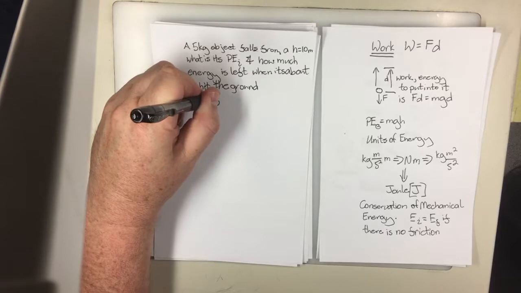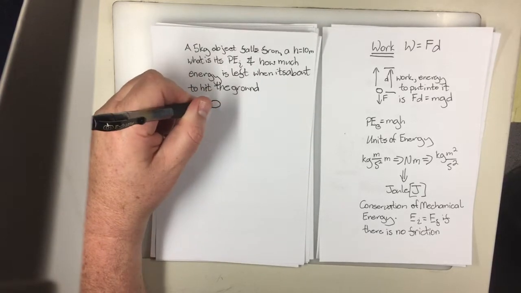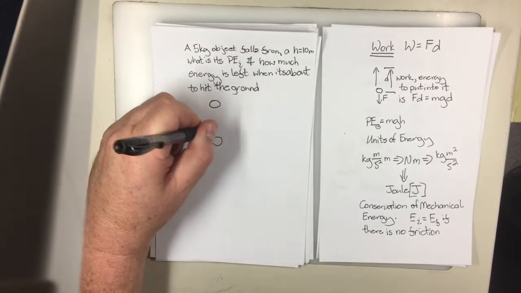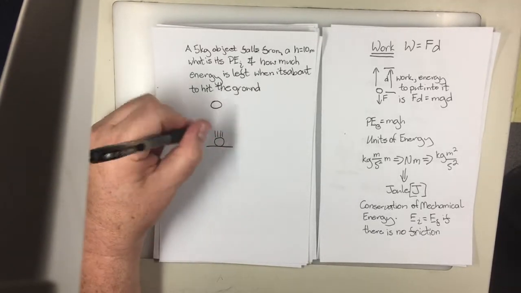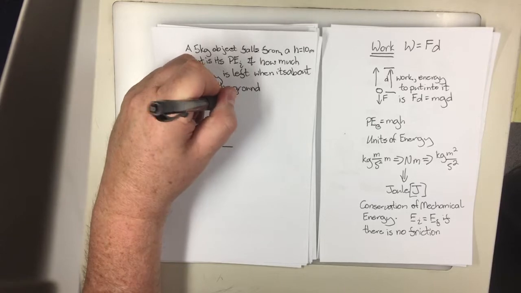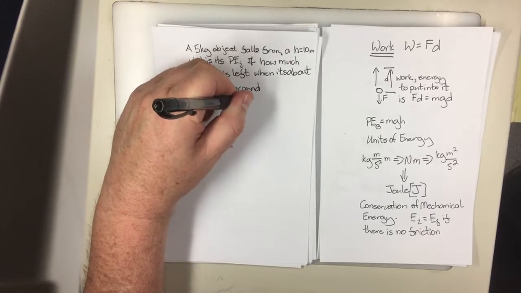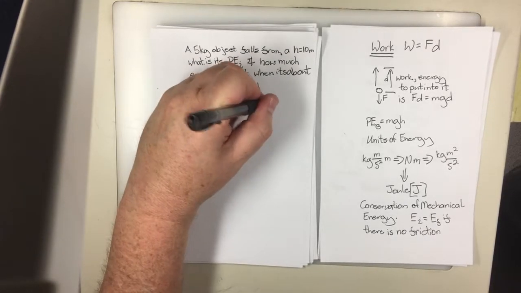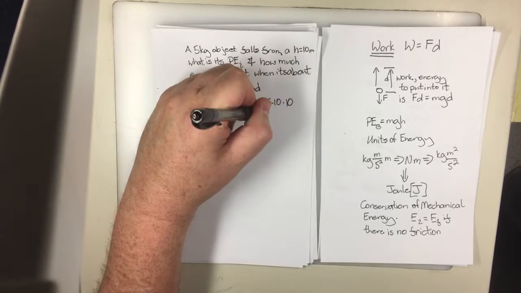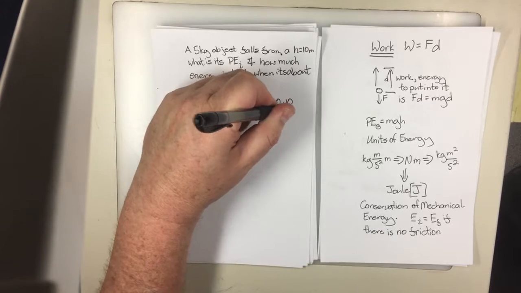So initially it's going to be dropped, and at the bottom, right when it's about to hit, it has a particular amount of energy. This potential energy here is just mgh. So it is 5 times 10 times 10, or 500 joules.